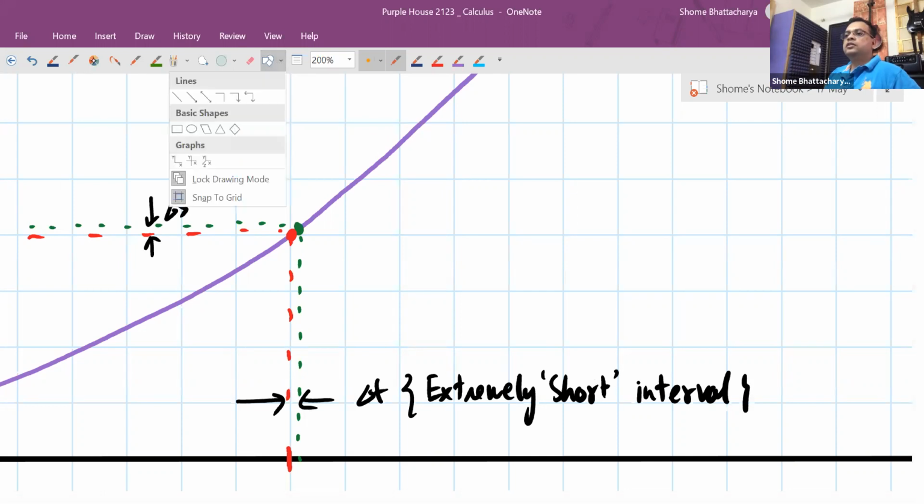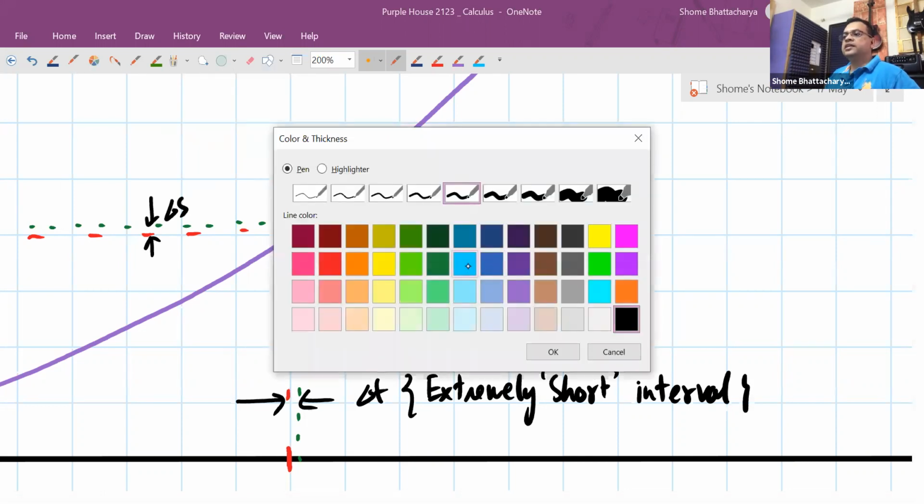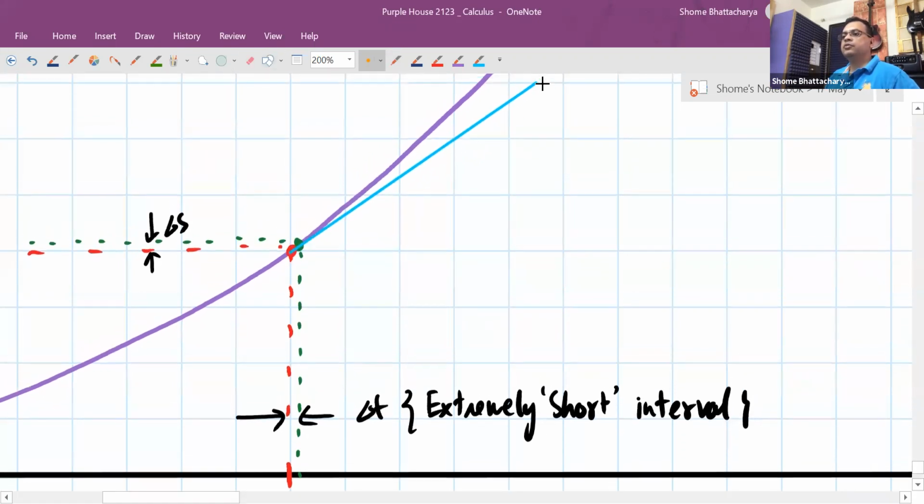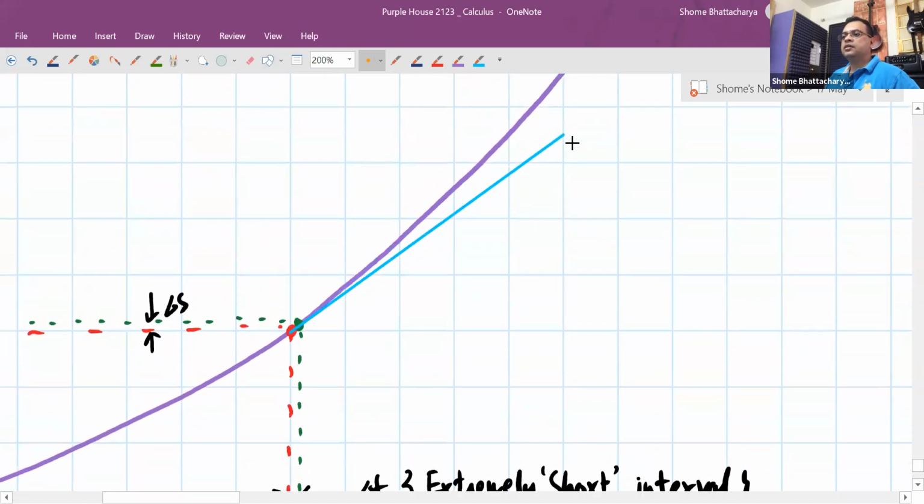What we'll see is something very interesting. If we join these two points, which are consecutive points on the graph, with a straight line, then instead of a secant line we get a tangent line to the curve. And the instantaneous speed we are calculating is nothing but the slope of the tangent line.